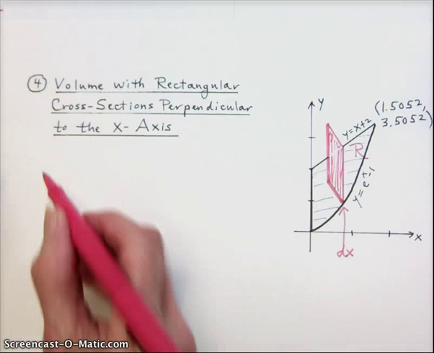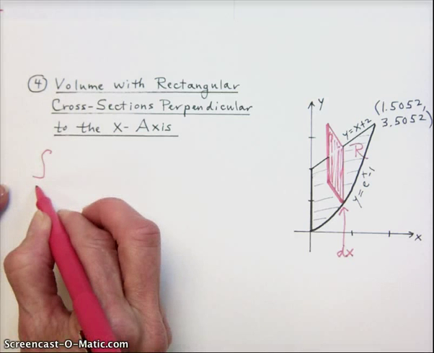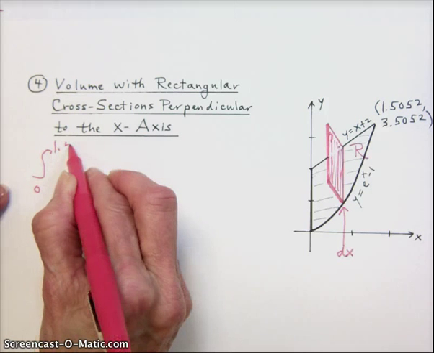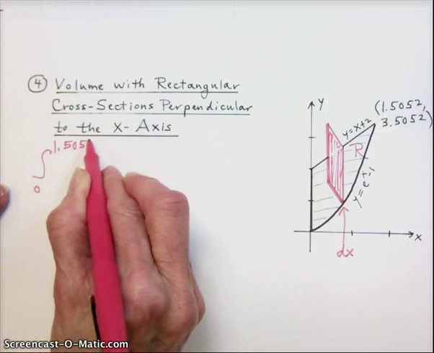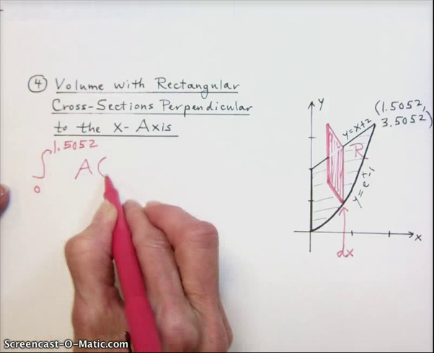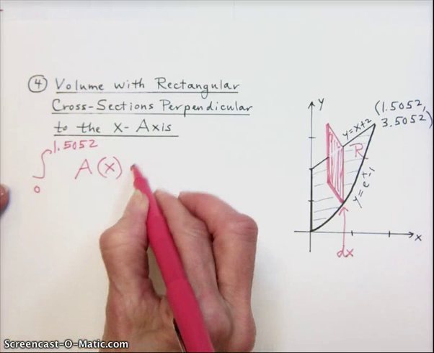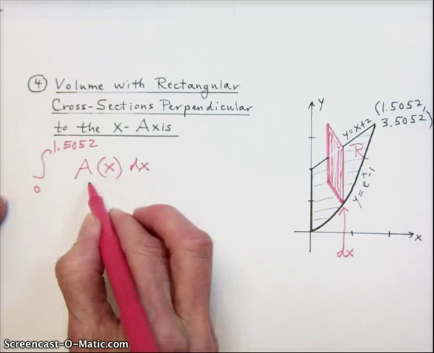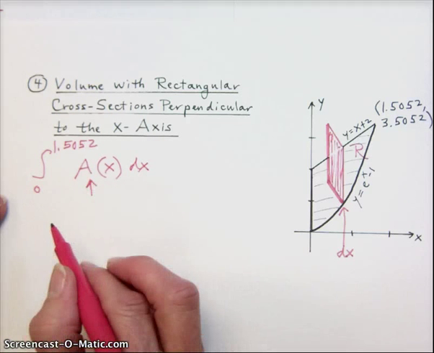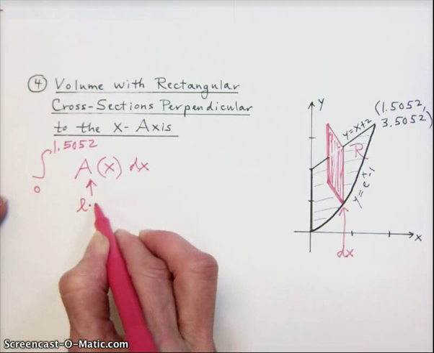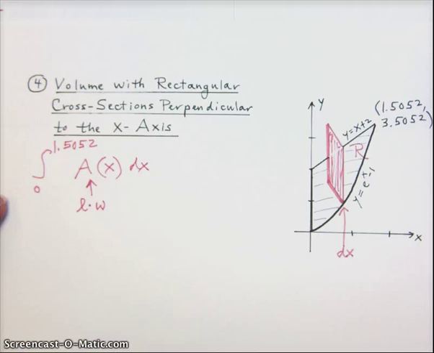So we remember our theory of volumes being really sums over cross-sectional areas, and all the other problems, the cross-sectional areas were circles or rings, which are circles minus circles.